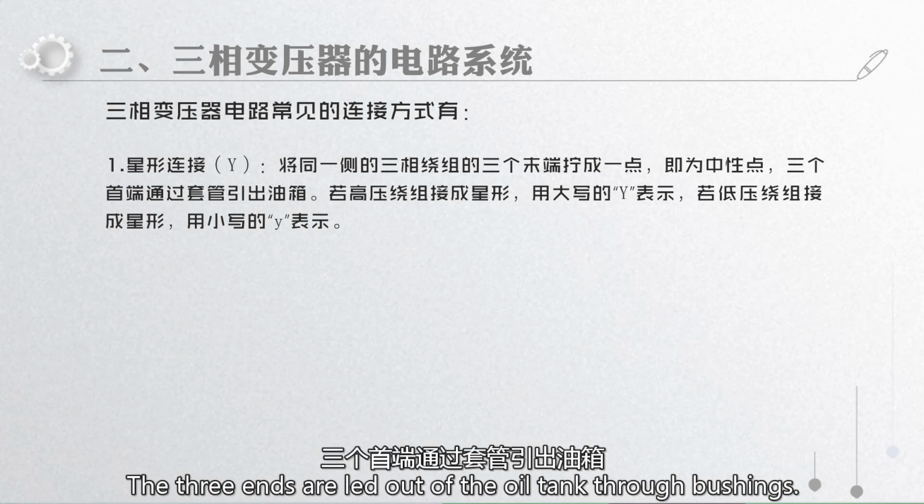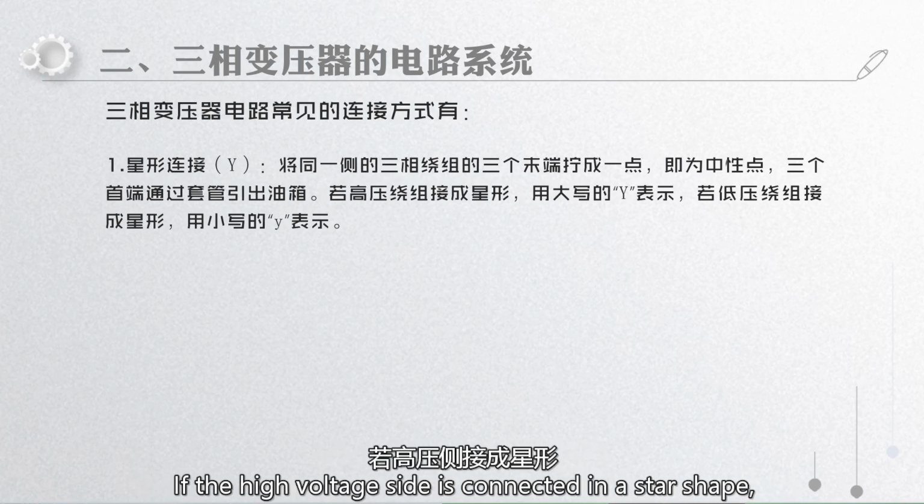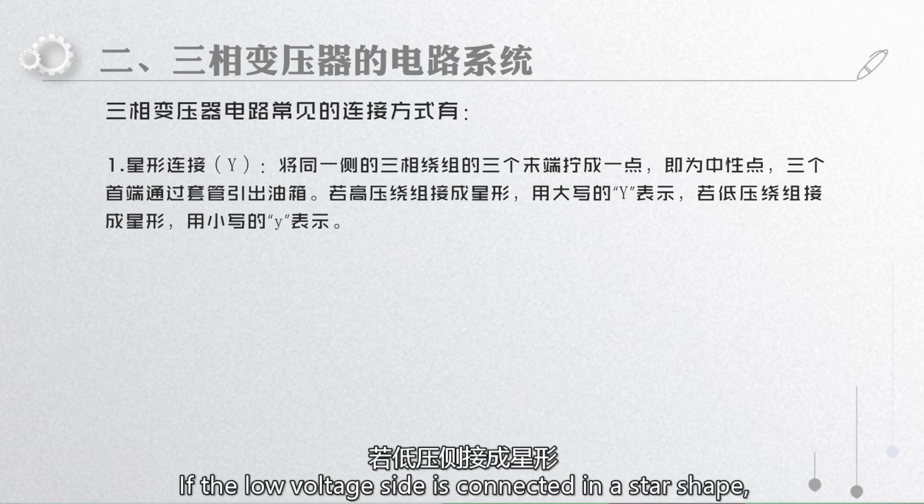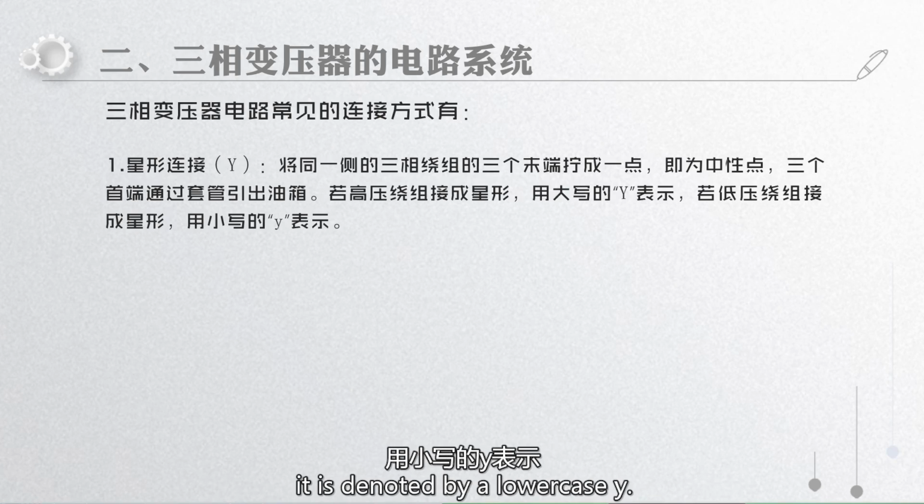The three ends are let out of the oil tank through bushings. If the high voltage side is connected in a star shape, it is denoted by a capital Y. If the low voltage side is connected in a star shape, it is denoted by a lowercase y.